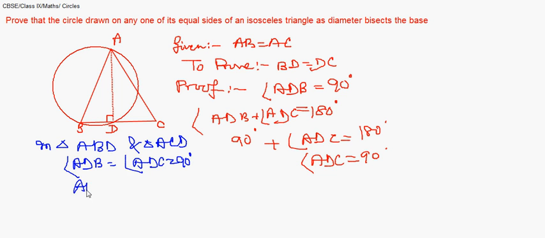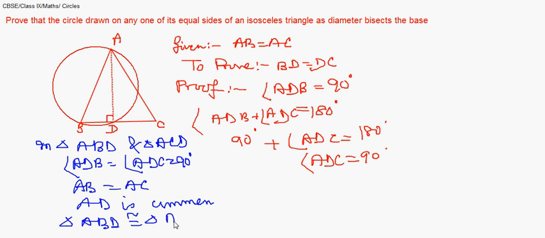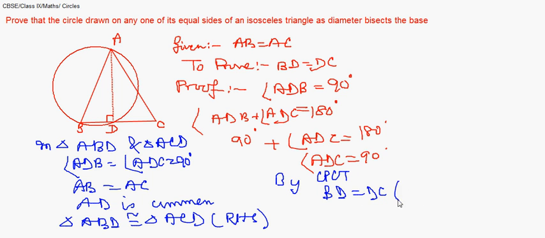AB is given equal to AC and AD is common. So triangle ABD is congruent to triangle ACD by RHS congruency. Thereby CPCT can give us our proof. So by CPCT, BD is equal to DC, that's what we were to prove.